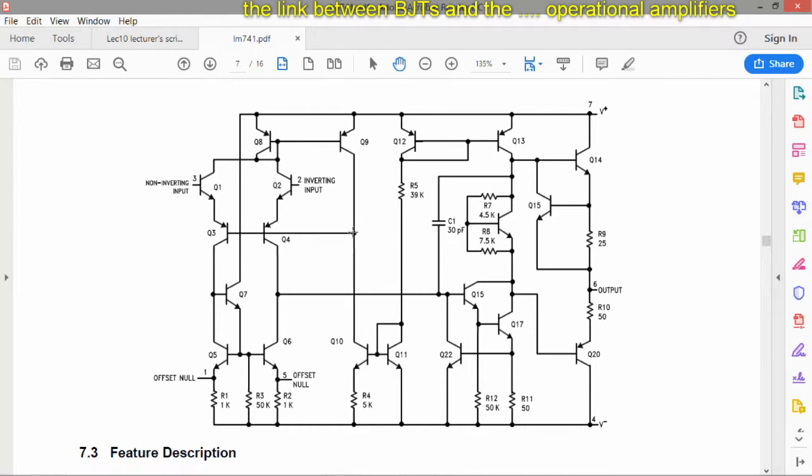Anything else? The rest is a bit more complicated, but there is. Let's see who can find the Darlington pair. There is one that shouts at you. Yes, here it is. Clear as day. Darlington pair. This kind of things we didn't mention. Obviously, it's not possible to mention everything.